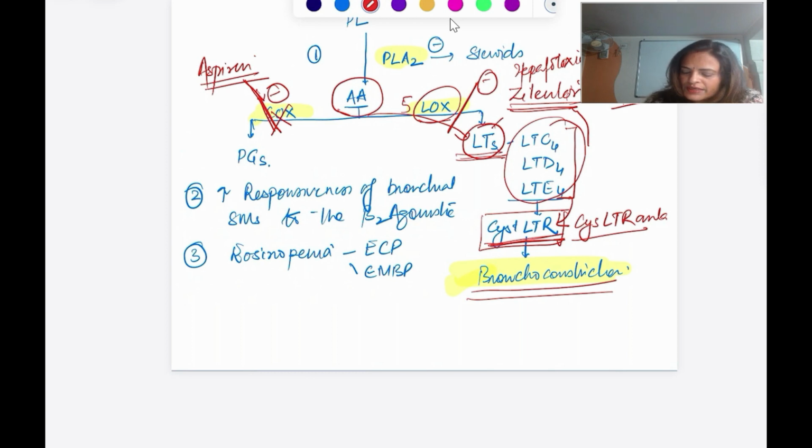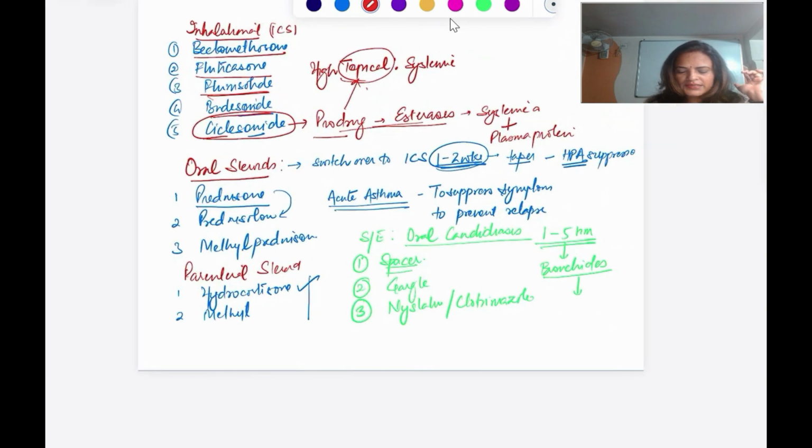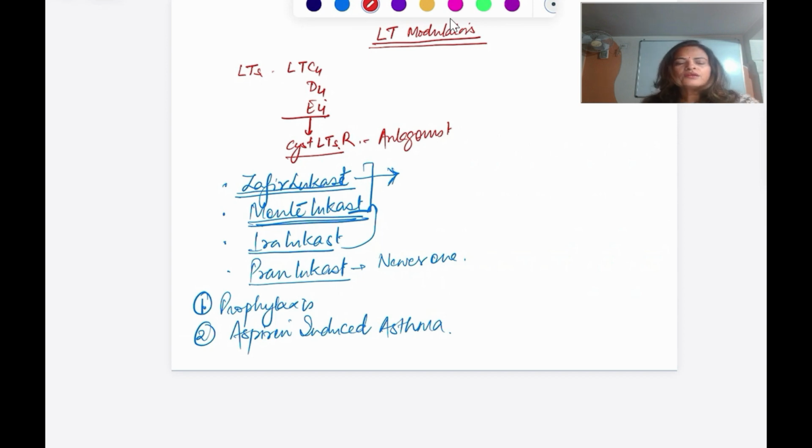So leukotriene receptor antagonists, they are given in the aspirin. अगर patient ने aspirin लिए, if it is causing the precipitation of the bronchial asthma, that is mainly because of this. So cysteine leukotriene receptor antagonist, it is useful in the aspirin induced asthma. Hope it is clear.